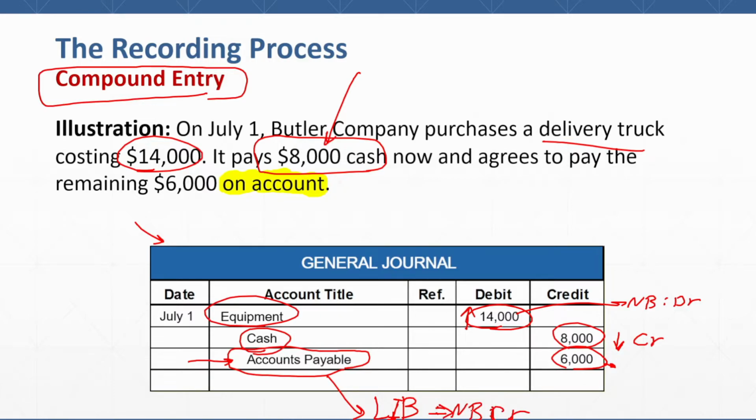So here, since we are promising to pay in the future, before this transaction, we had no promise to pay to anyone. But after this transaction, now we have increased the amount of our promises. So we increase the amount in our accounts payable.